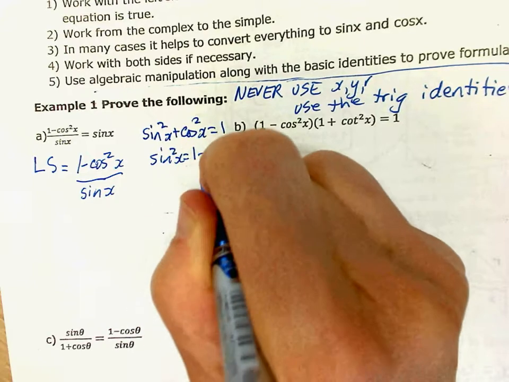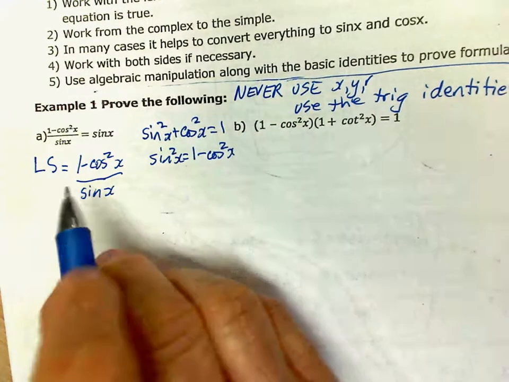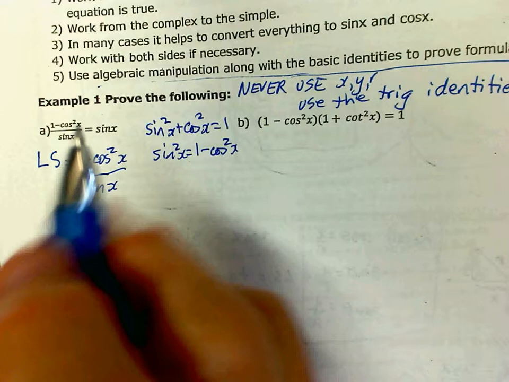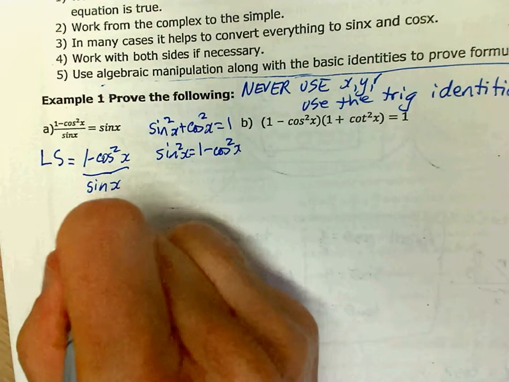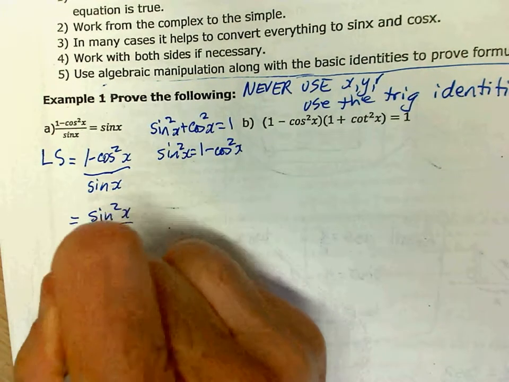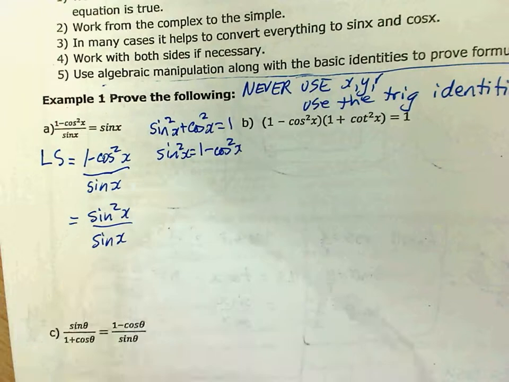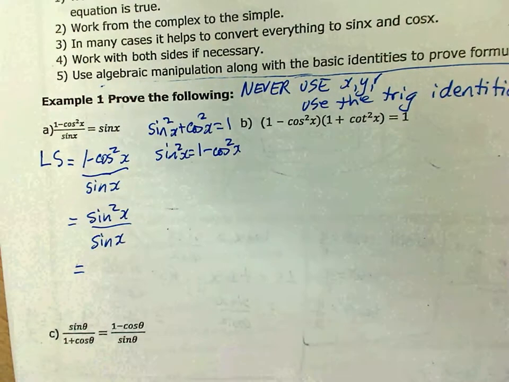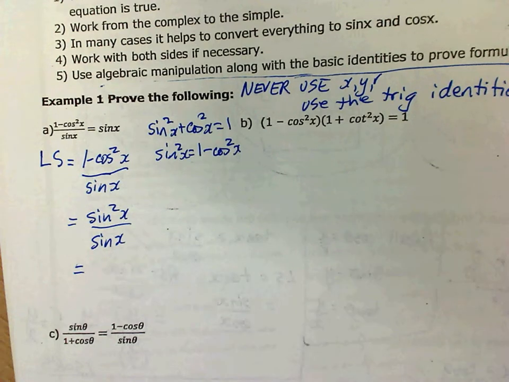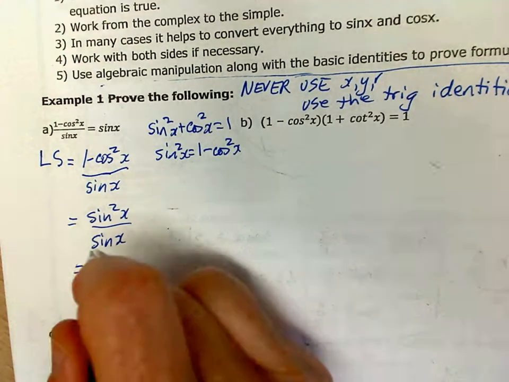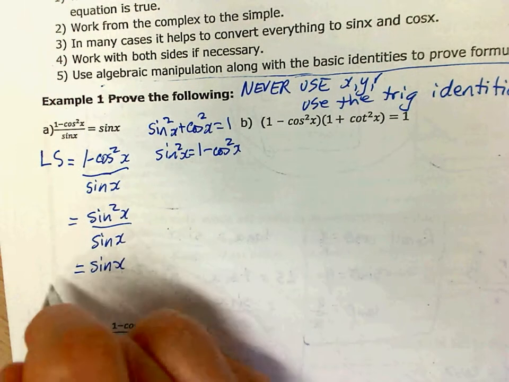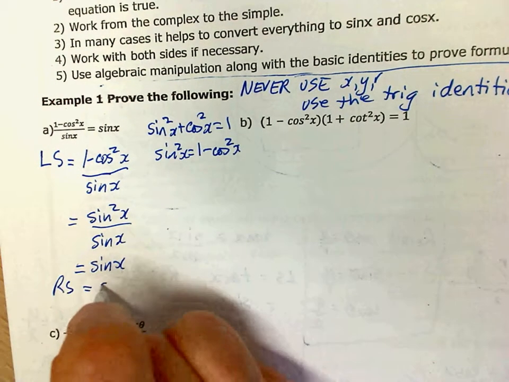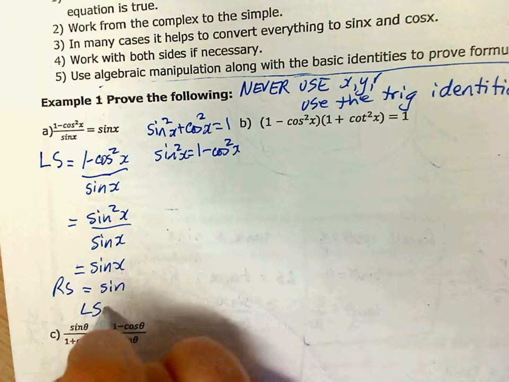So could you see how I can put a sine squared x there? Do not skip steps. And sine squared x divided by sine x is sine x. Right side equals sine x, left side equals right side, therefore it's true.